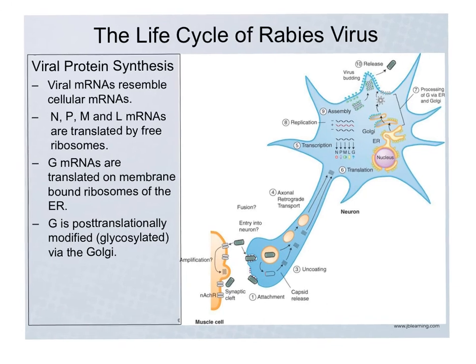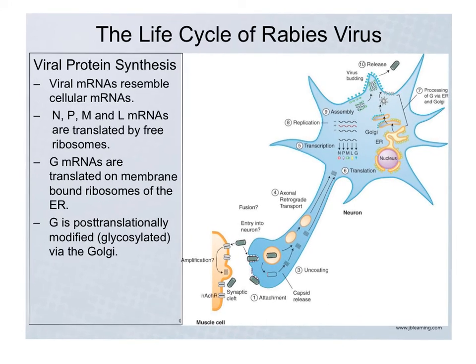When we look back at this diagram of the life cycle of the virus in the neuron, we were at step 5 previously, and in step 5 we were able to transcribe the messenger RNAs for each of these 5 genes. And these messenger RNAs, as I said, have a 5' cap and a poly A tail. Therefore, they look like the cellular messenger RNAs, and they have no problem being translated.